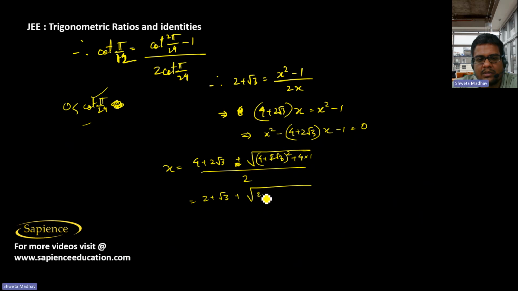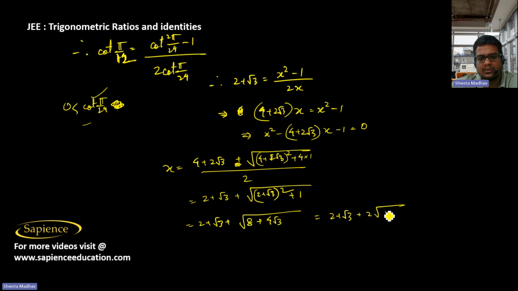So this will be 2 plus root 3 whole square plus 1. So it will be 2 plus root 3 plus square root of 4 plus 3, 7 plus 1, 8 plus 4 root 3. So this I can write as 2 plus root 3 plus 2 into square root of 2 plus root 3.